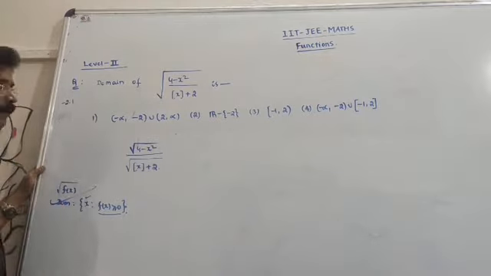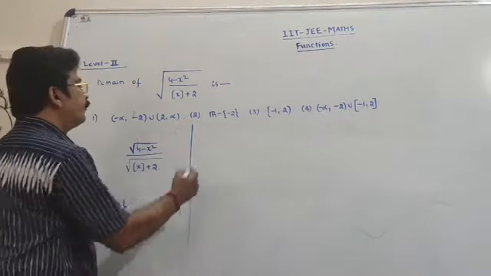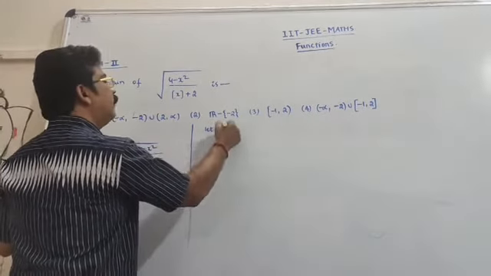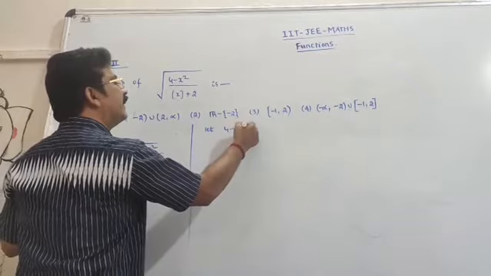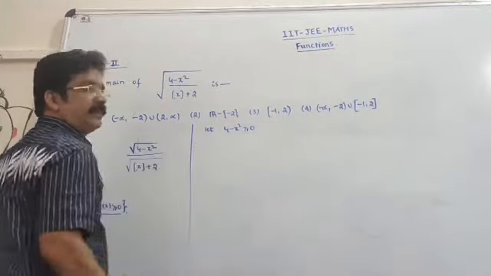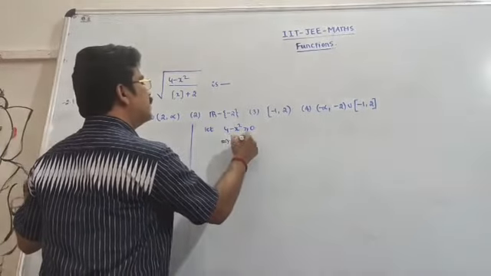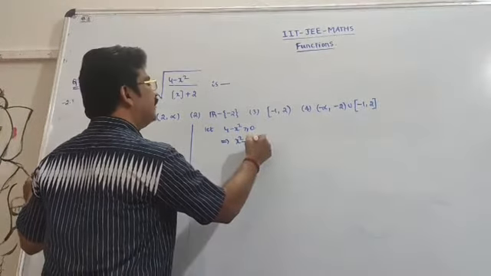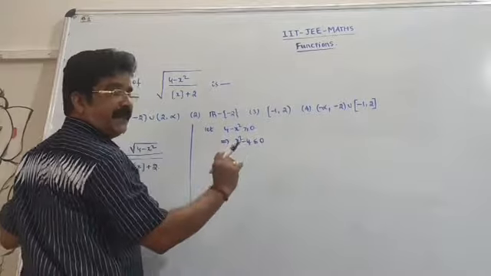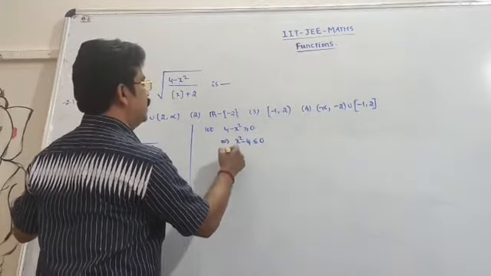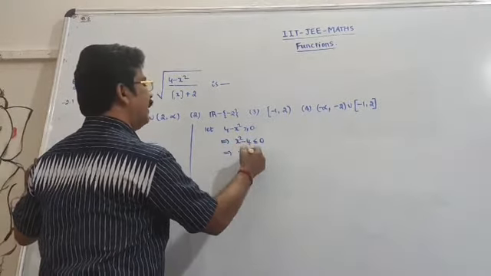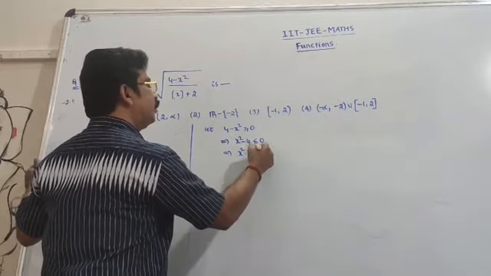Here let 4 minus x square be greater than or equal to 0 for defining the given function. So x square minus 4 is less than or equal to 0, multiplying with minus on both sides. So x square minus 2 square is less than or equal to 0.